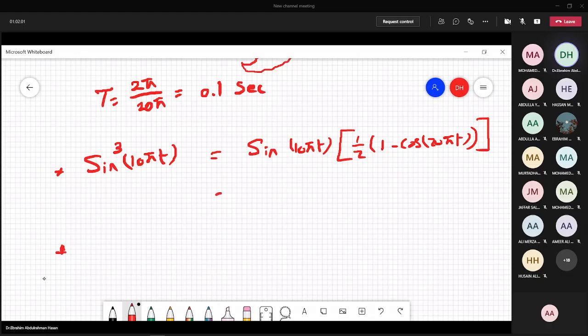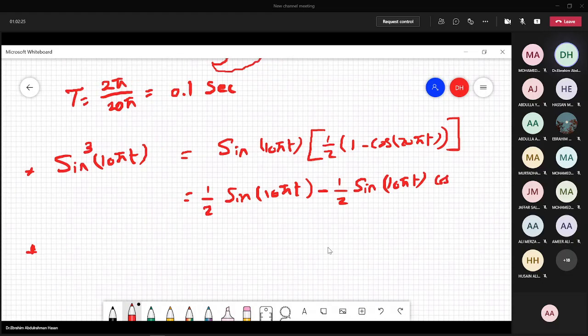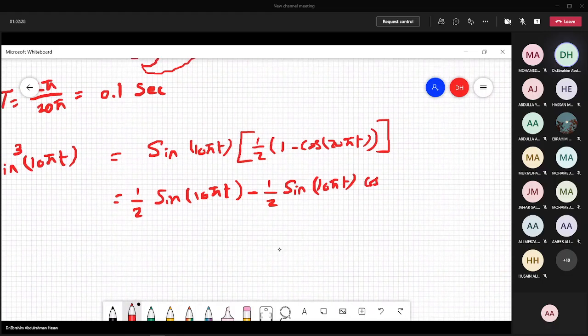Okay, then it is equal to half sine 10 pi t, minus half sine 10 pi t multiplied by cosine 20 pi t.